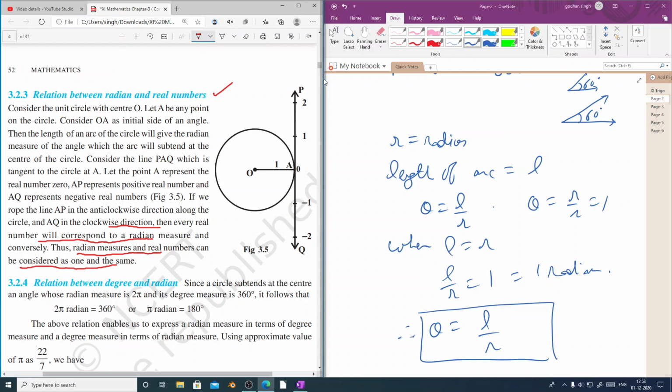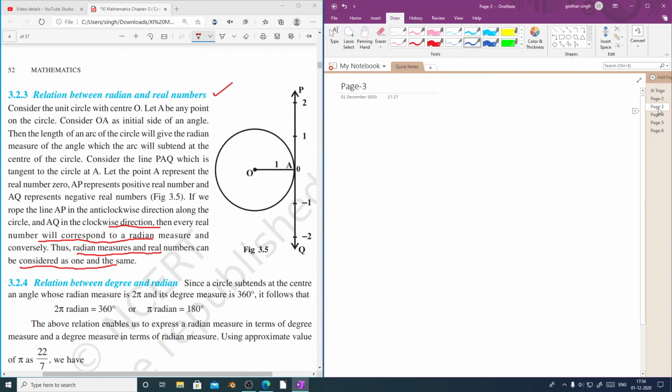So we can say that when we rotate the circle of unit radius, it will cover all the real numbers. So radian measures and real numbers can be considered as one and the same. Now let us go further.